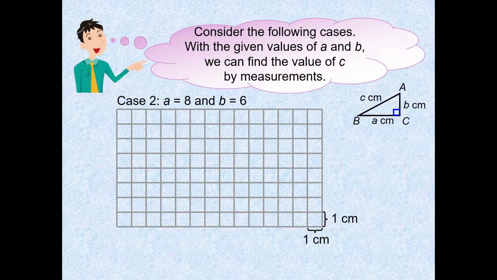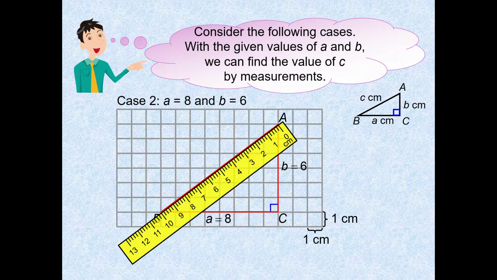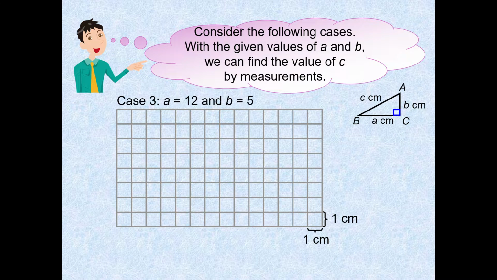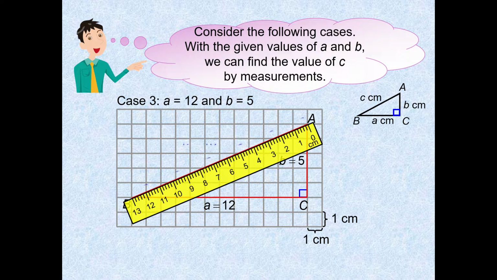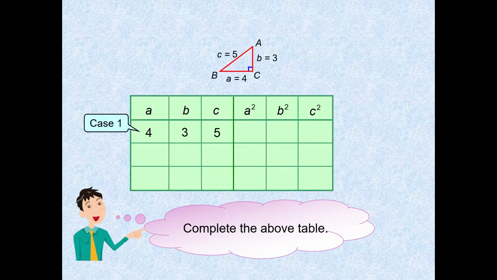For case 2, if the base is 8 and the height is 6, then let's draw the triangle, and then measure the hypotenuse. The hypotenuse is 10 cm in this case. For case 3, the base is 12 and the height is 5, and the hypotenuse in this case will be 13.